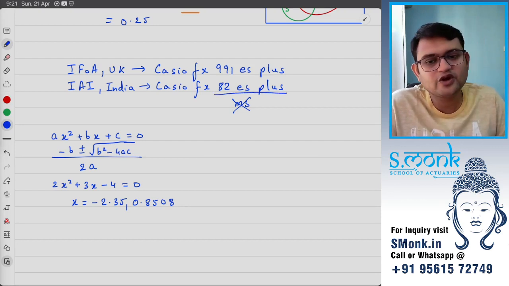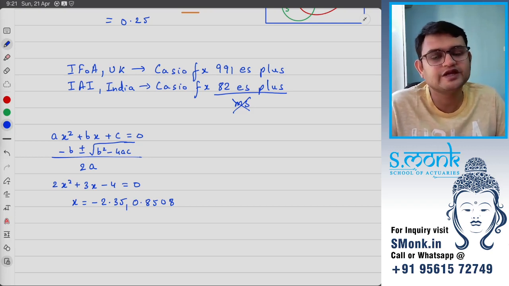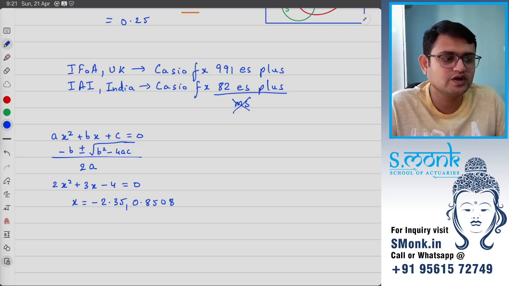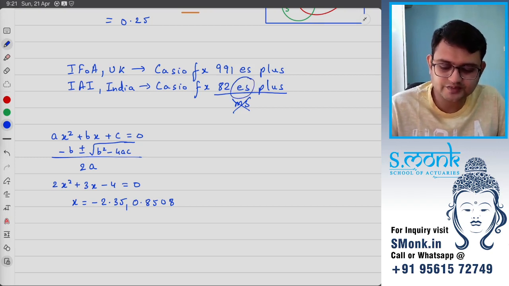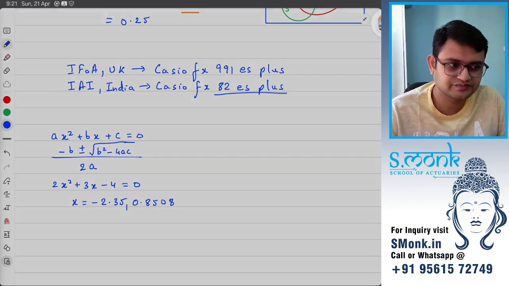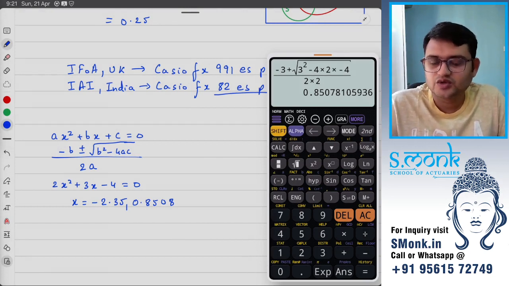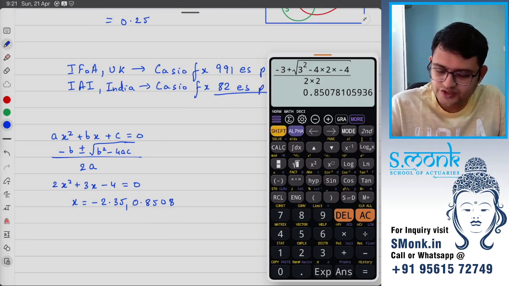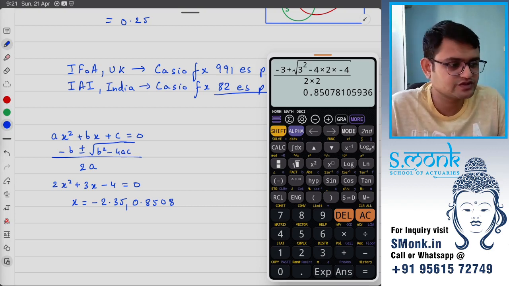You may not have any problem in CS1, but you will definitely have problems later in CM1 and CM2, because the functionalities that we require are part of ES but not part of MS. So do not buy the MS version, buy the ES version. Very important. This is how we can use this extra functionality. We can make very elaborate equations.